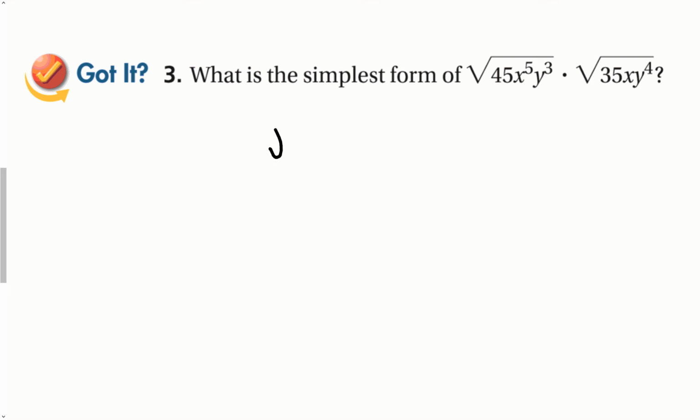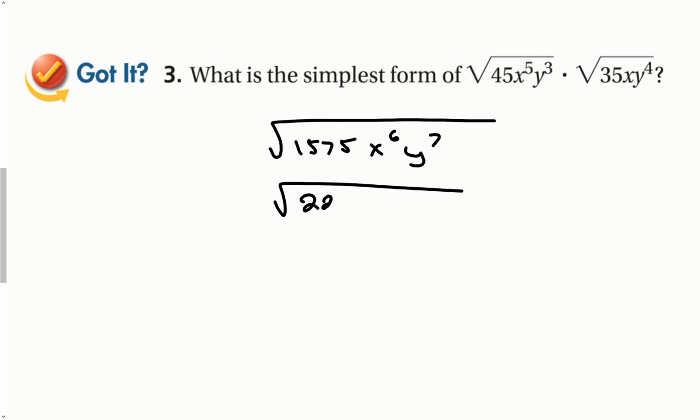Let's try that again. Both square roots, which means I can put them together. So we get 45 times 35, which gives me 1575. X to the sixth power, y to the seventh power, and the square root of 1575 turns into, well, that happens to be 225 times 7.